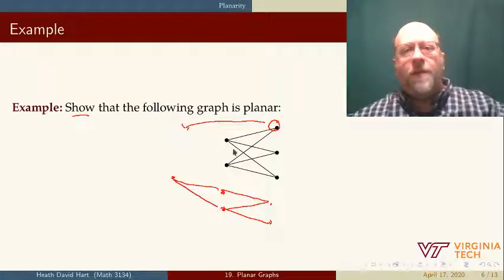And I'm still missing this edge here. This edge goes from this vertex to this vertex. And so I've gotten rid of all of the intersections but one by moving this vertex over here.